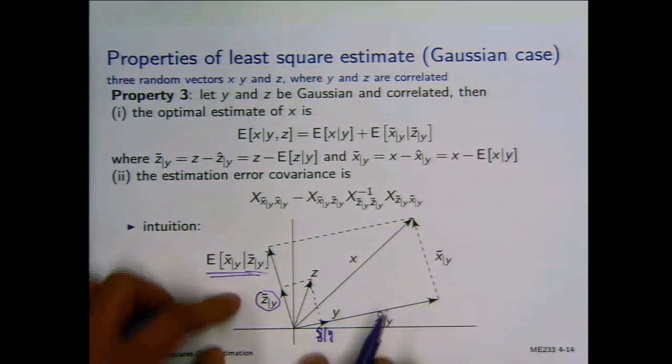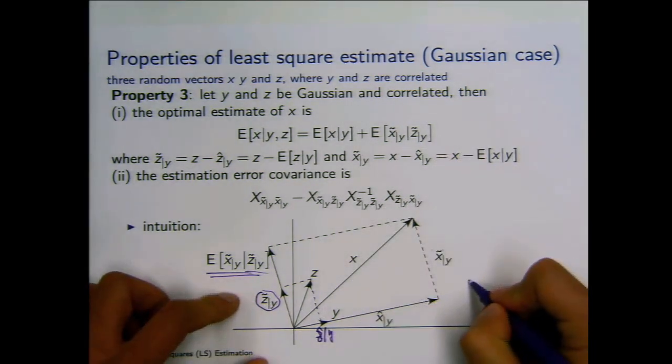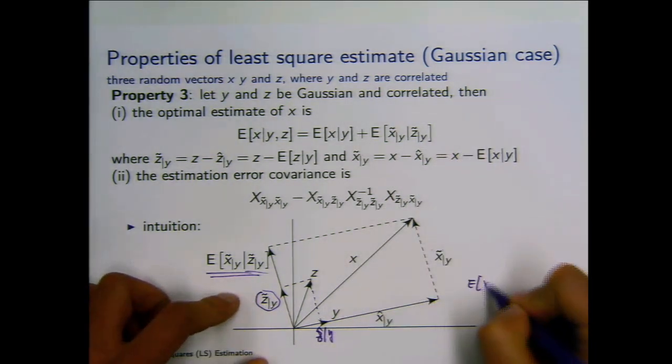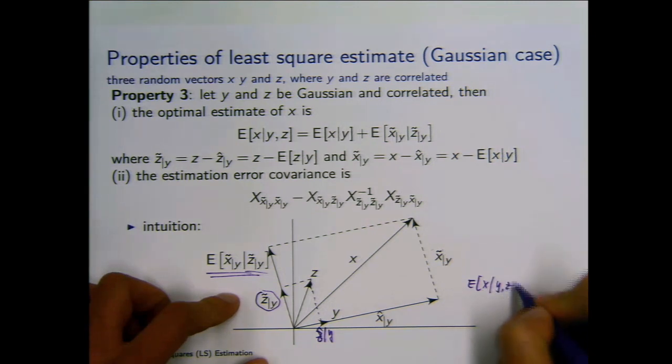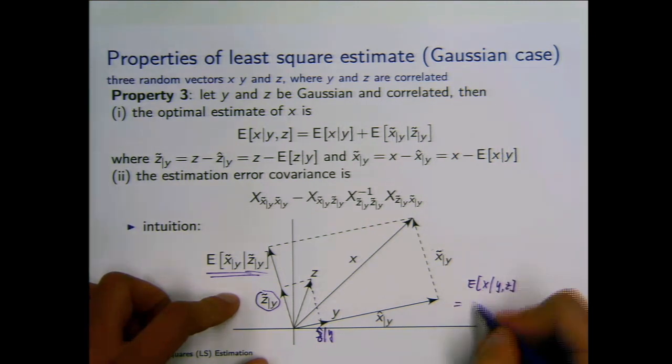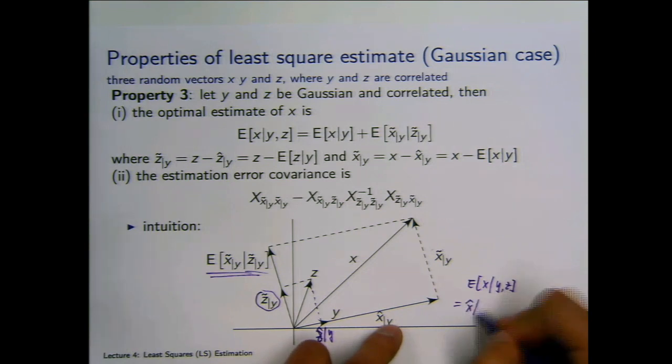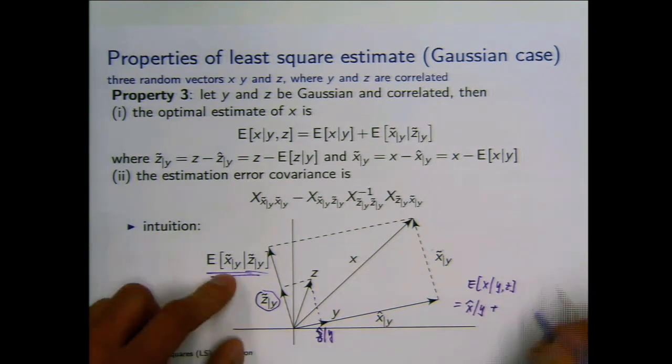The final answer, as you can see, is the best estimate of x given y for the case where y and z are correlated. It's going to be x hat given y plus this guy here: the expected value of x tilde given y conditioned on z tilde given y.